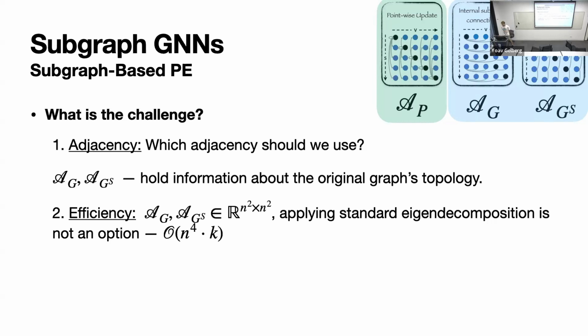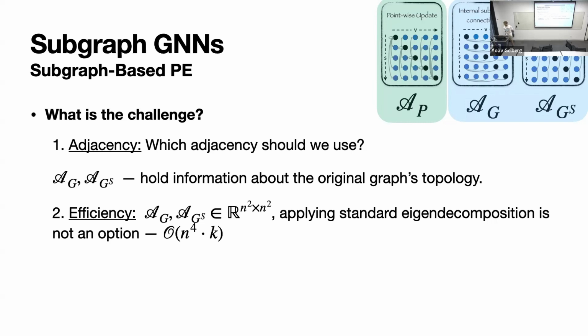Okay, so if you would want to come up with positional encodings for subgraph GNNs, what is the challenge? Why isn't this straightforward like for a standard graph? So the first challenge is adjacency, because we have three adjacencies for this maximally expressive subgraph GNN.